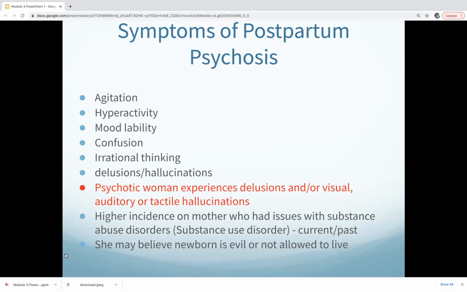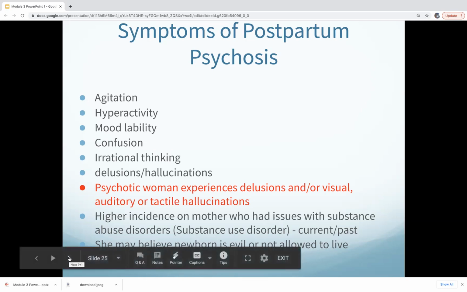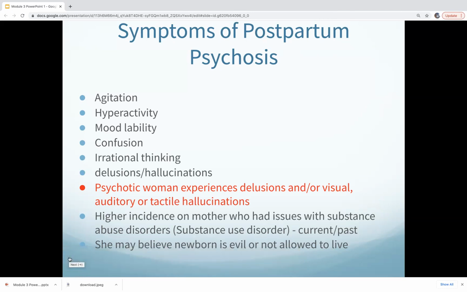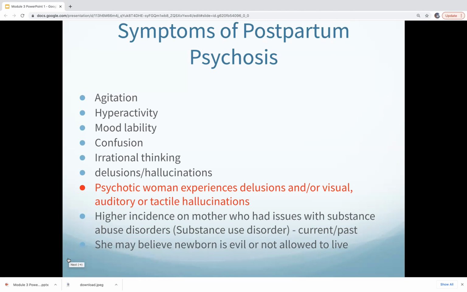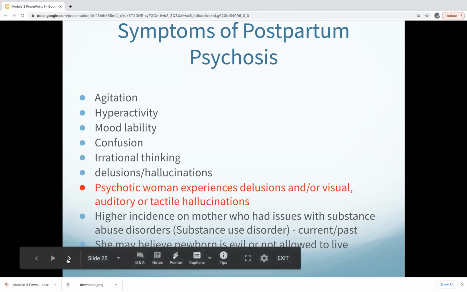She had voices telling her. Agitation, confusion, irrational thinking, delusions. Higher incidence with women who have substance abuse, current or past, and she may believe that the newborn is evil or not allowed to live.